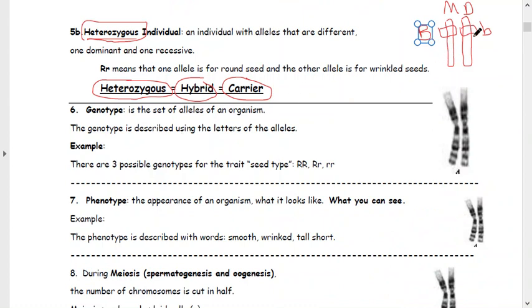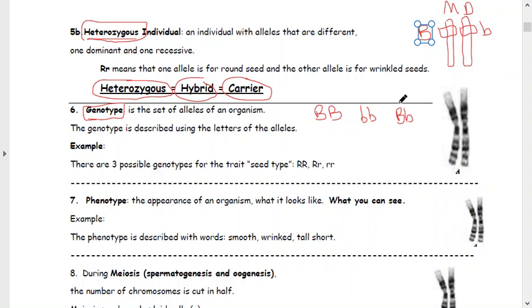We can refer to the alleles together as a set as a genotype, right? I know these examples are talking about seeds, but if we're sticking with eye color, I'm going to ignore the chromosomes over here. You have the homozygous dominant genotype, capital B, the homozygous recessive genotype, lowercase b, or you have the heterozygous genotype, one of each.